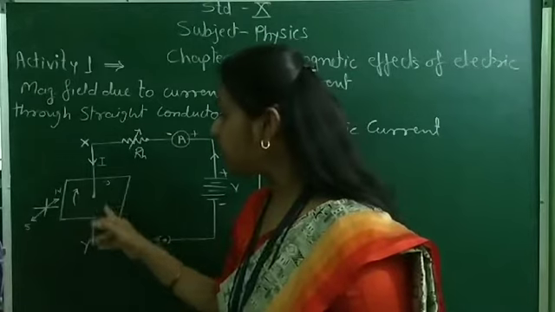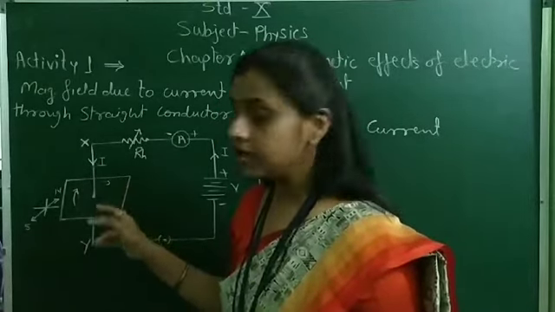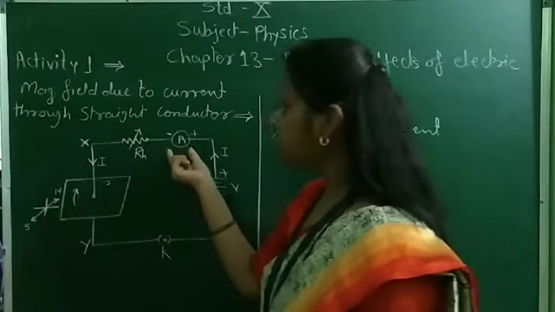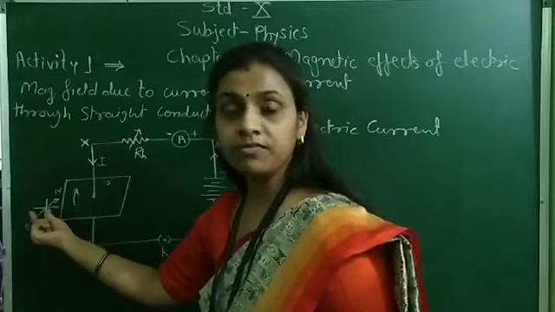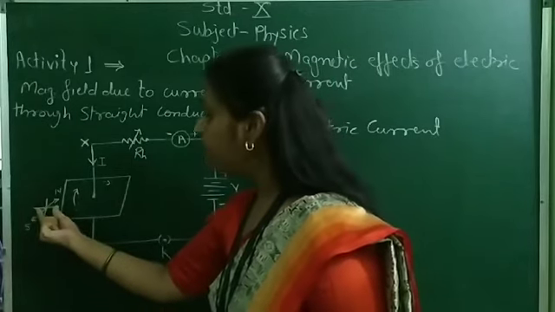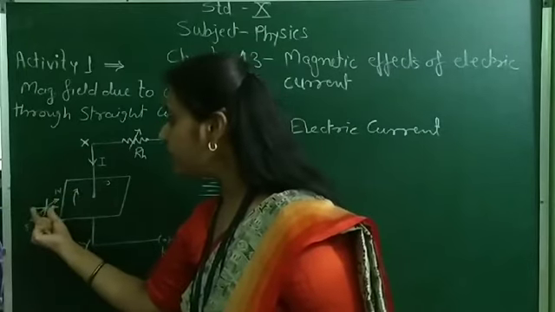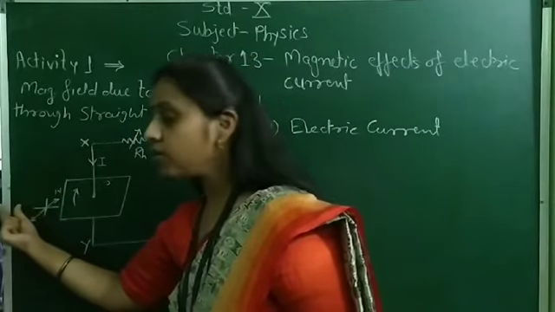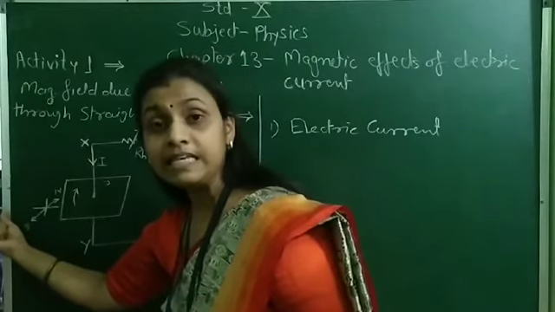These concentric circles are nothing but the magnetic field produced by the current carrying conductor. If we move the needle away from the concentric circle, then the deflection in the needle decreases.